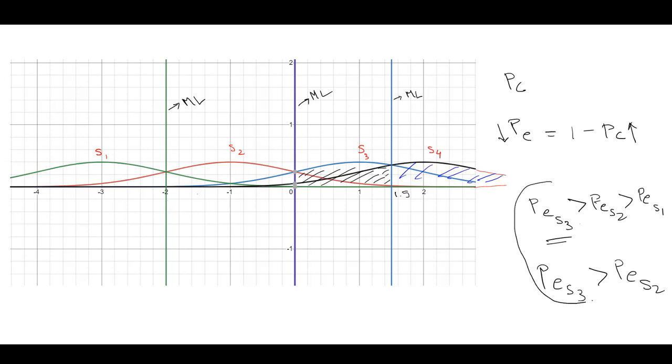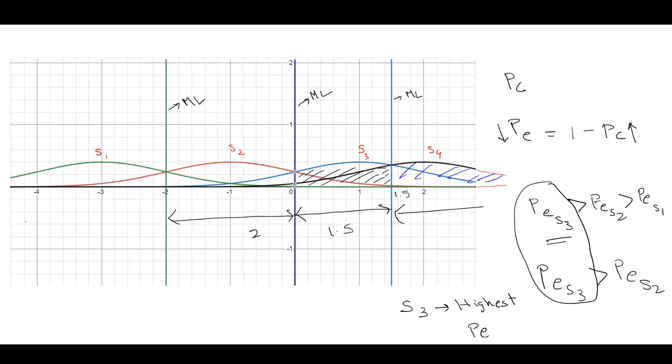So from these we can say that symbol S3 has the highest probability of error. This is quite intuitive because this distance is lesser than this distance. This is 1.5, this is 2, this is again larger, this is also large. So we can say that S3 is the one having the largest probability of error.